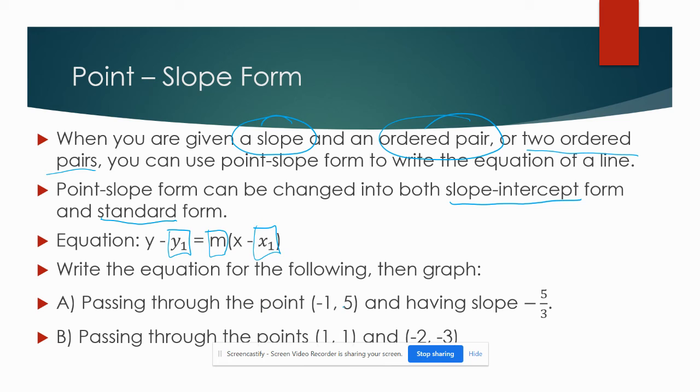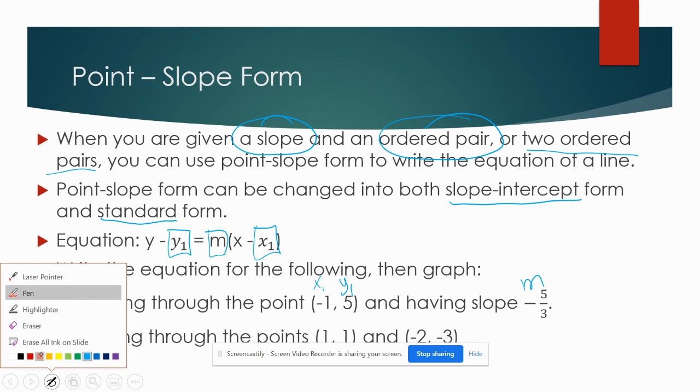So if we're looking at example A here, they're giving us a point, negative 1, 5. That's our x1, y1. And our slope is negative 5/3. That's our m.